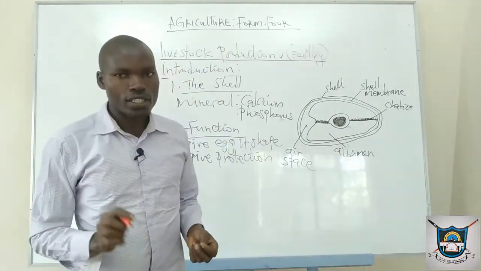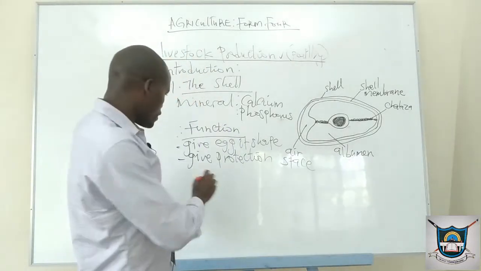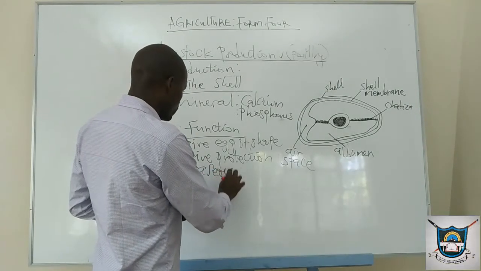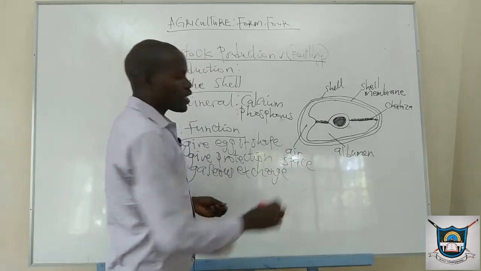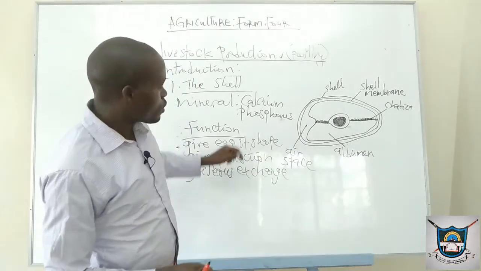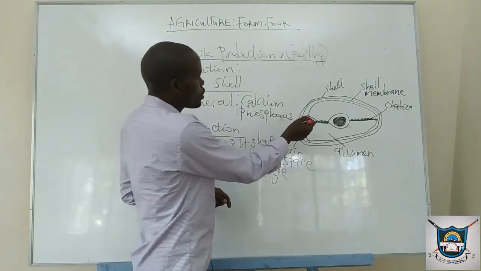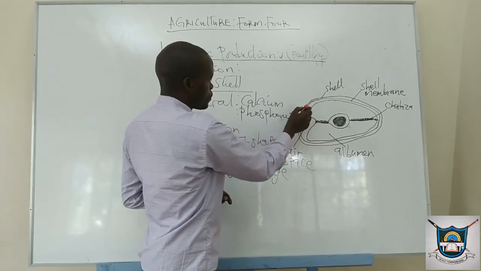Another one is that it allows gaseous exchange since it is porous. As you can see at this end, we have the airspace. At this point, within the shell membrane, we have the pores.